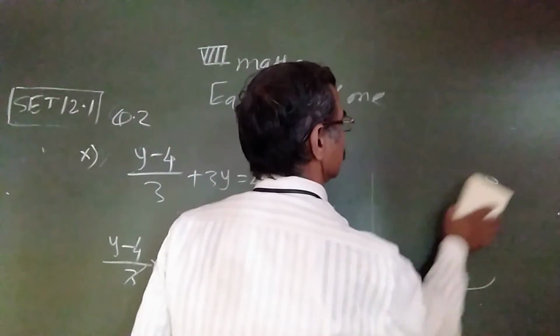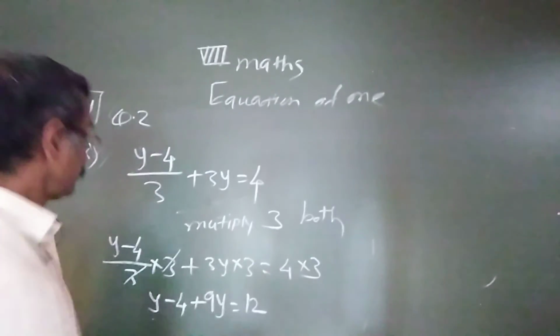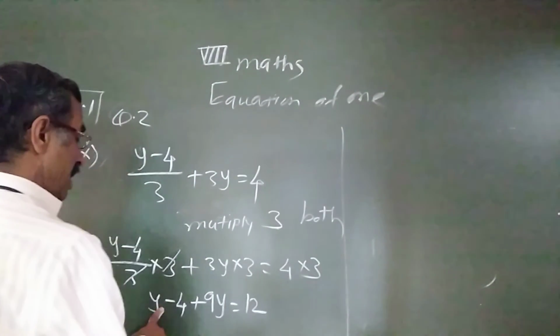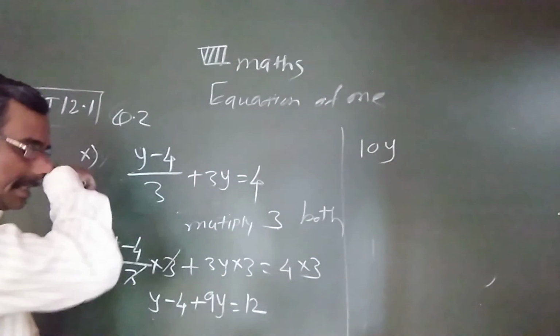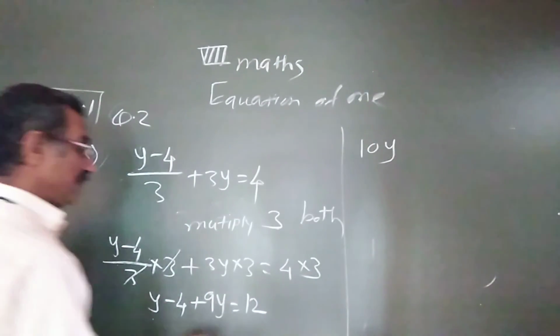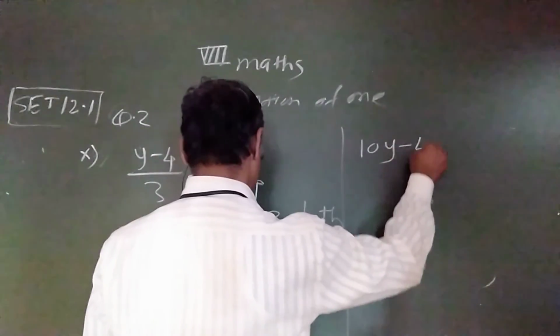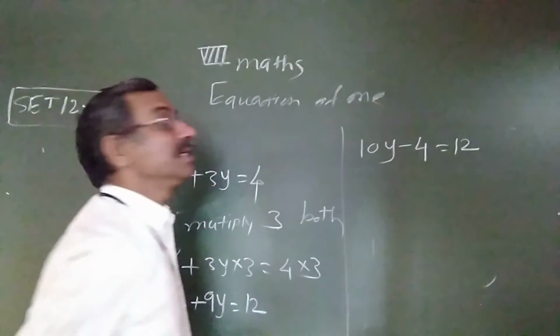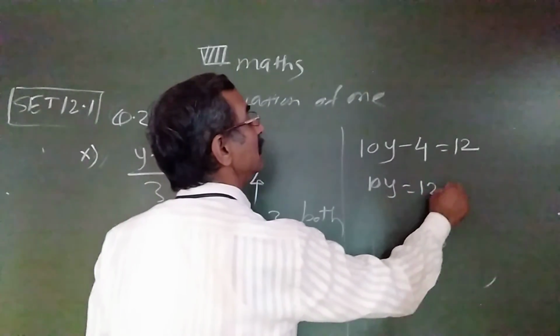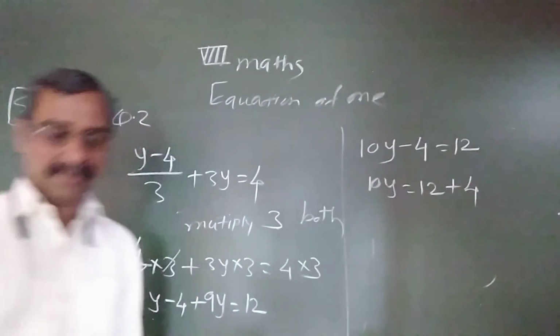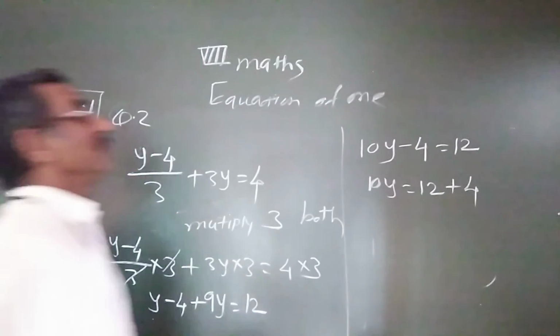Then the next step: y and this 9y both are like terms, so they get added. 9 plus 1, that is 10y, minus 4 remains as it is, 12 is here. Then this minus 4 goes to that side, so it will become a plus. Then it is 16 now.